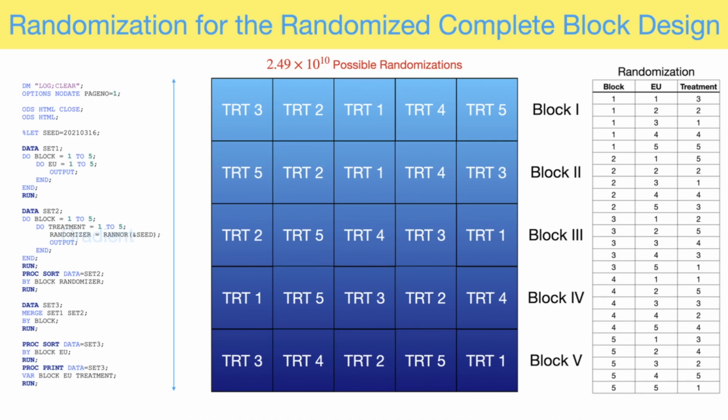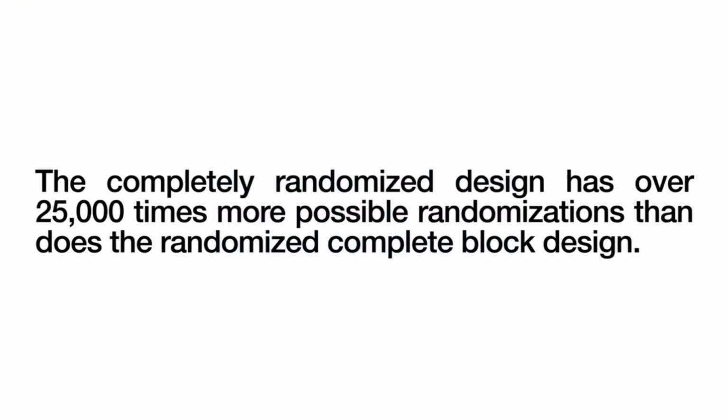And so, in that sense, when we are randomizing for a randomized complete block design, the number of possible randomizations is smaller because we're imposing this restriction that we are randomizing the treatments within each block separately.